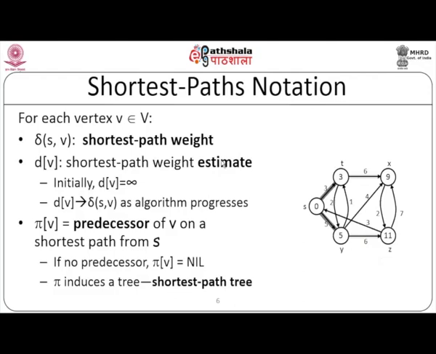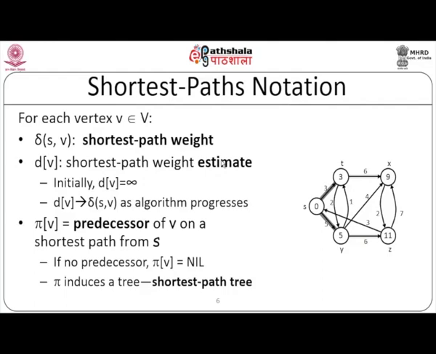Now, let us look at some notation that we use for shortest paths. For each vertex v, where small v is the vertex and capital V is the set of vertices, you have delta(s, v), which is the shortest path weight. This is the actual shortest path weight between the source node and any other vertex v.